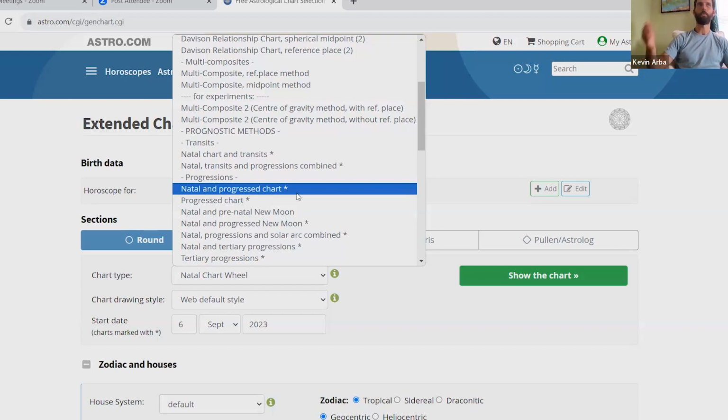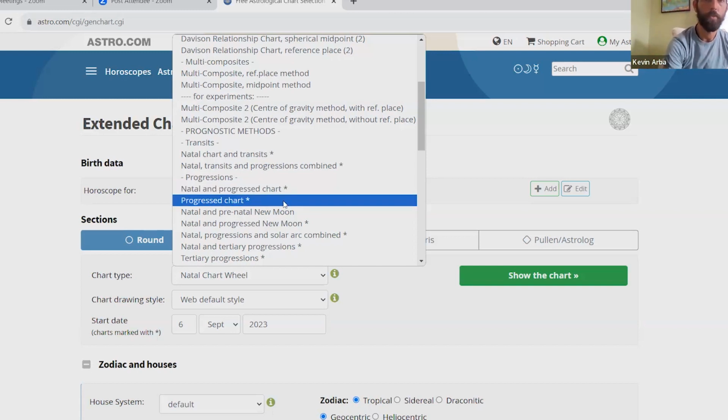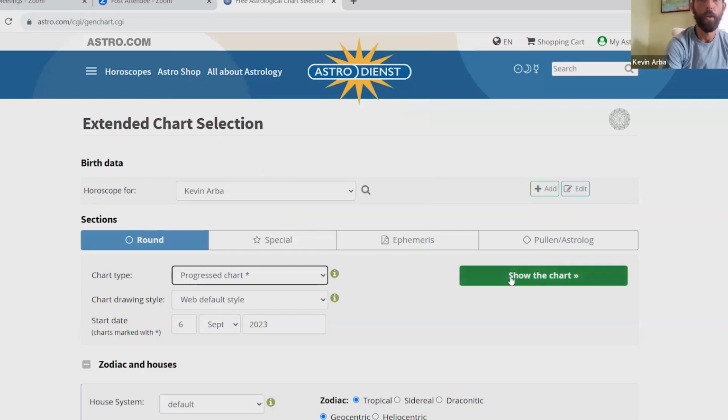It'll show the progressions in the same way that it would show the transits, if you just click the with transits button in the top right. I don't prefer this method because it doesn't show the aspects. So I prefer this. That's what I'll teach from, but I'll show you the other one as well.